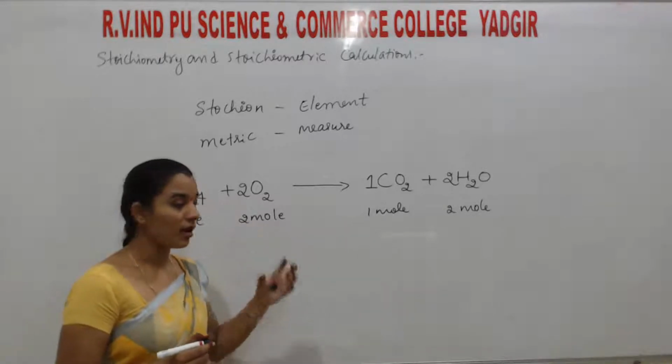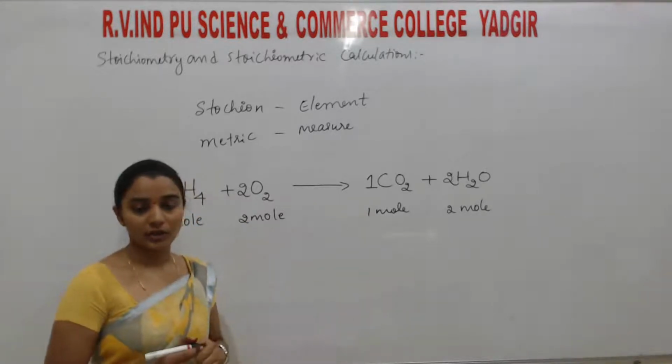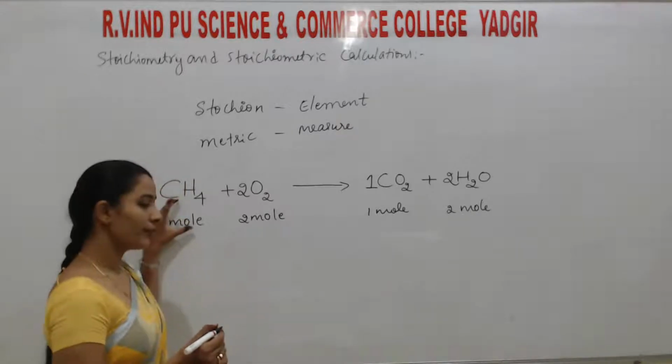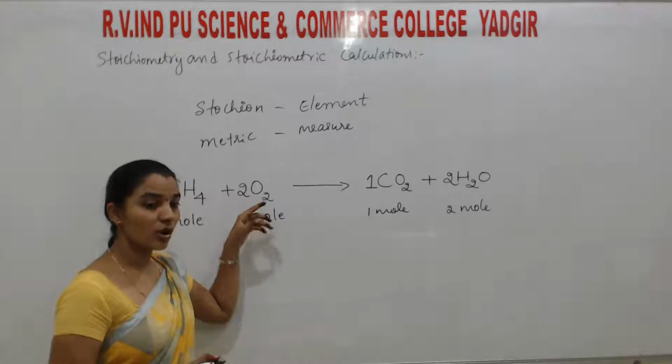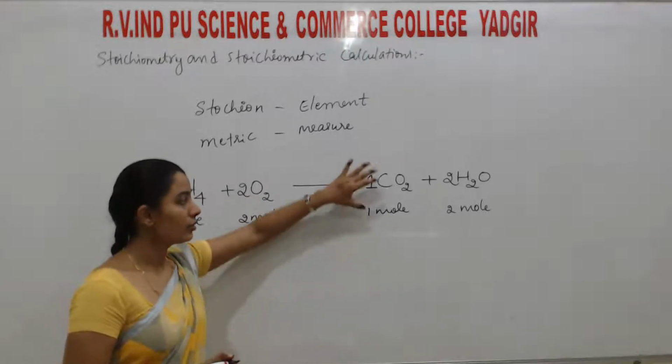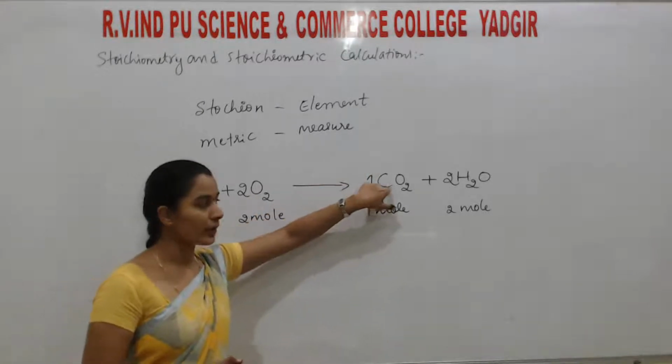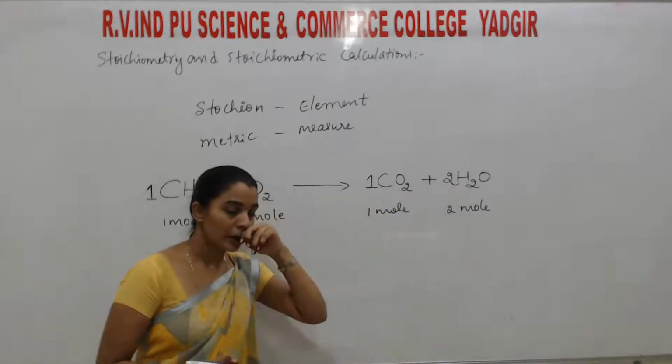This is the way to read the reaction. 1 mole of methane requires 2 moles of oxygen to undergo complete combustion to produce 1 mole of carbon dioxide and 2 moles of water.